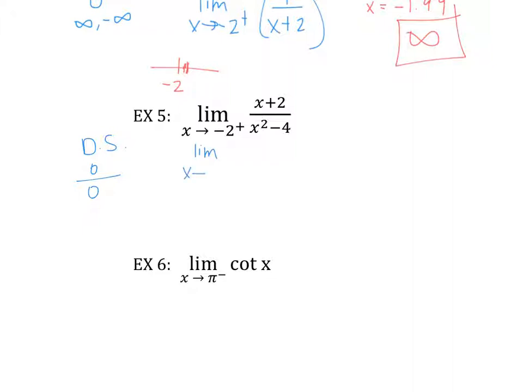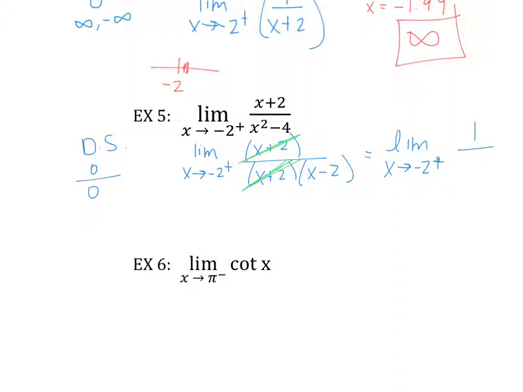My steps there are going to be to factor and to do direct sub after I have kind of cleaned it up. So I factor, these cancel, and I have the limit as x approaches -2 from the right of 1 over x minus 2.